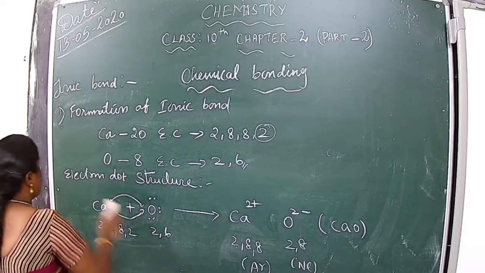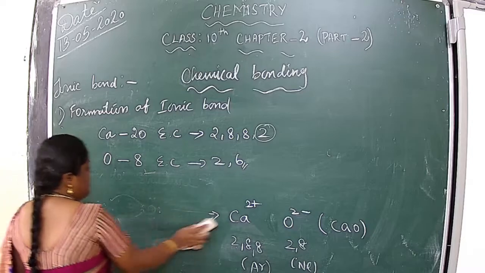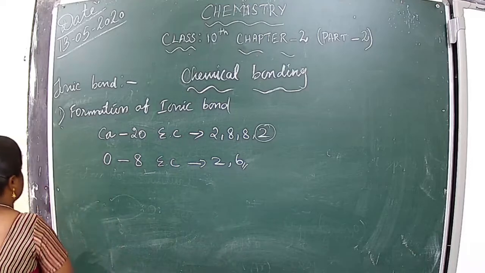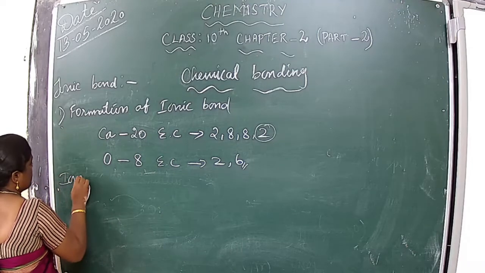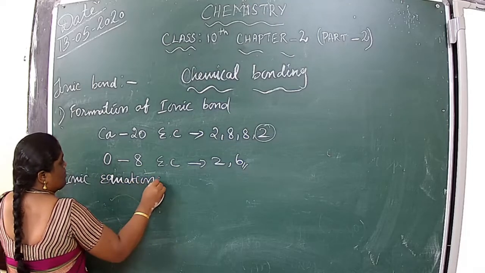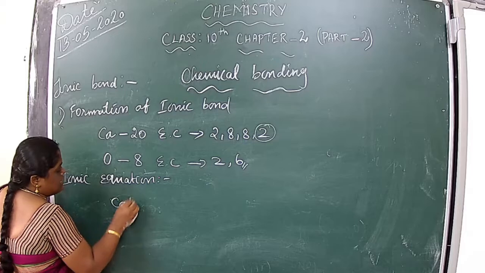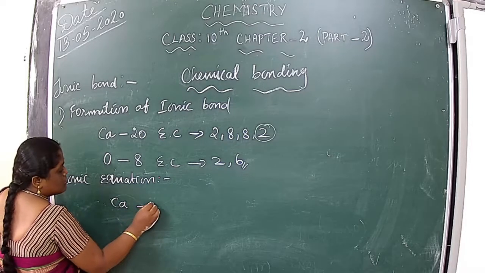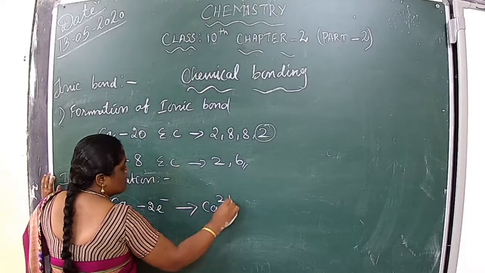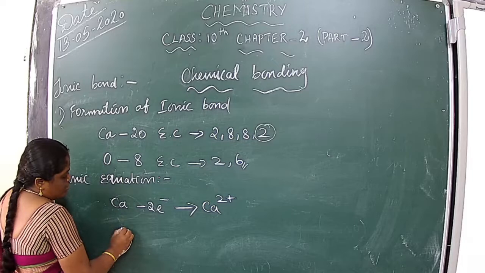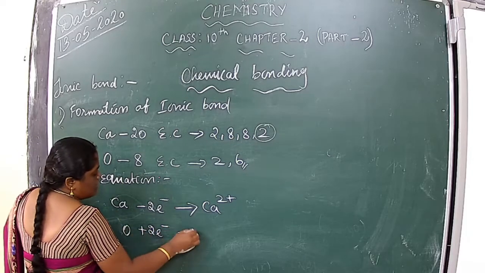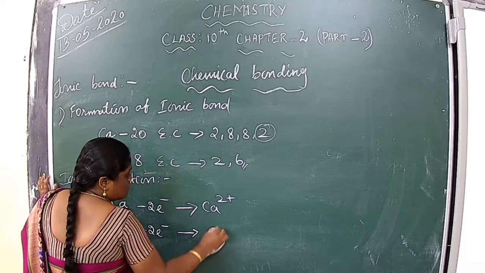And the ionic equation: how can we write the ionic equation for calcium oxide? Calcium loses 2 electrons and becomes Ca2+, and oxygen gains 2 electrons and becomes O2-.